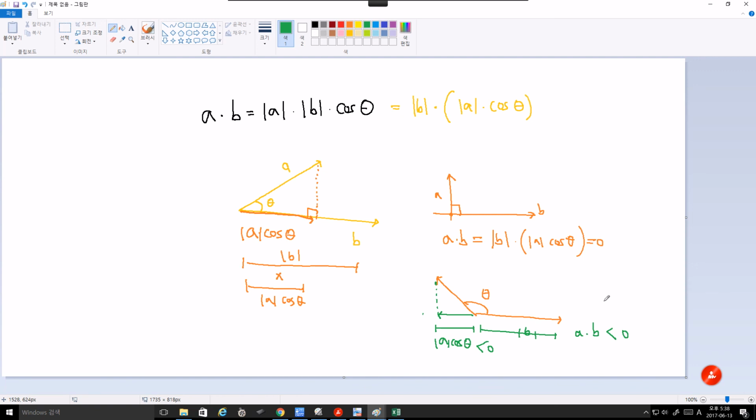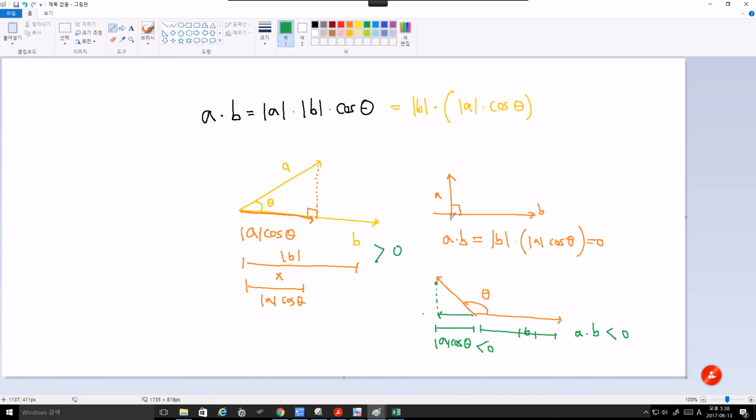So in a sense, dot product means how much two arrows point in a similar direction. In this case, it is positive because they are basically in the same direction. It is 0 because they are orthogonal. This one is negative because it is basically the opposite direction. So in this case, A does not help B at all, right?